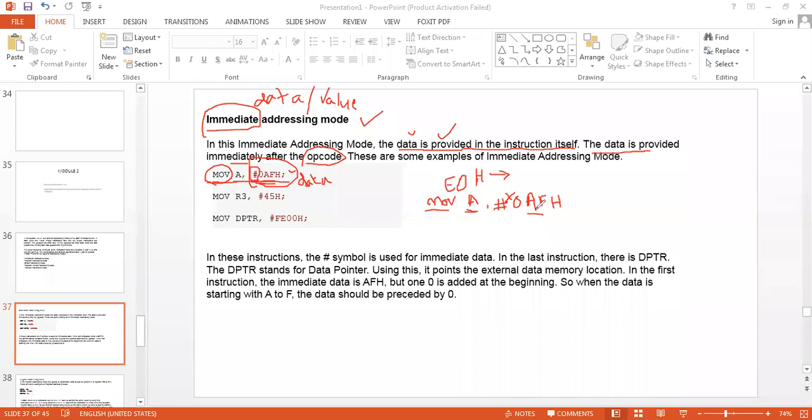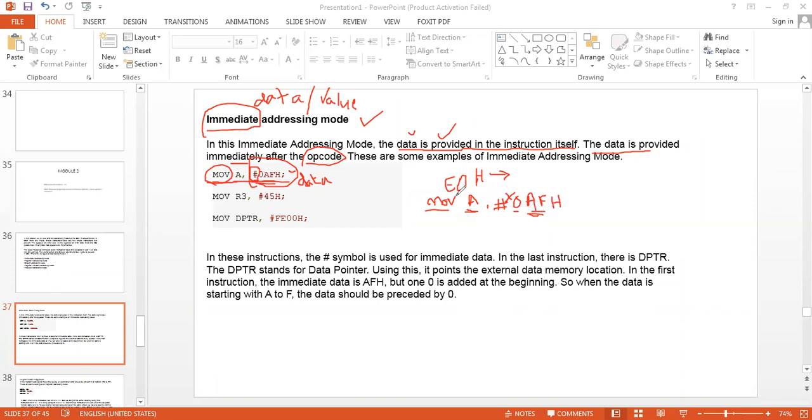But because I am writing a hexadecimal number starting with A, B, C, D, E, F, I have to write 0, but it will not be considered. So, AFH.